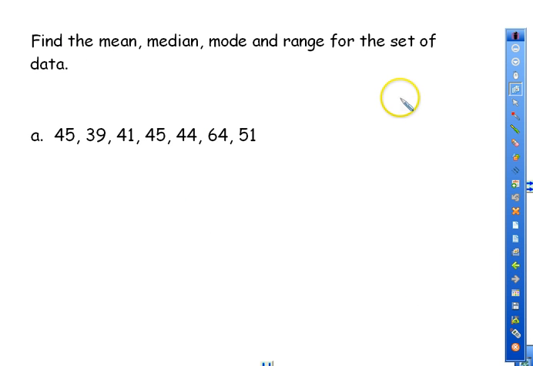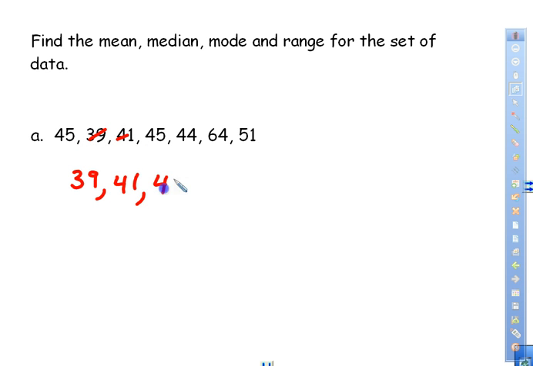Next one, find the mean, median, mode, and the range for that set of data. So go ahead and hit pause and do that. Well, again, the first thing you want to do is put them in order. So 39, 41, 44. We have two 45s. And we have a 51 and a 64.